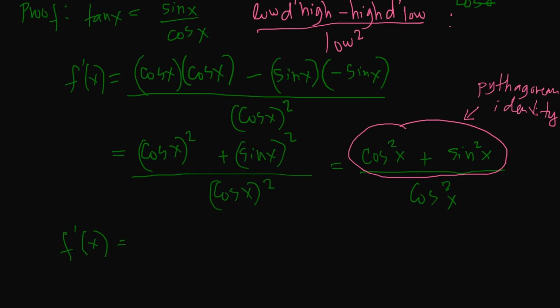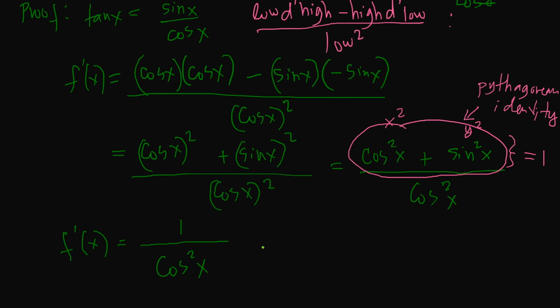You must review your trigonometry, because this whole thing is equivalent to 1. If in trigonometry we represent this one as x squared and this one as y squared, the sum is equal to 1. So I am permitted to rewrite my numerator as 1 because of that Pythagorean identity. The result will be 1 over cosine squared x.